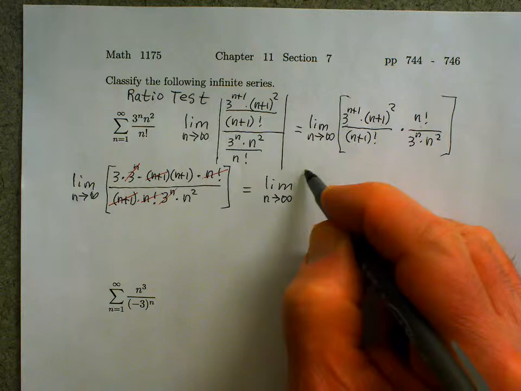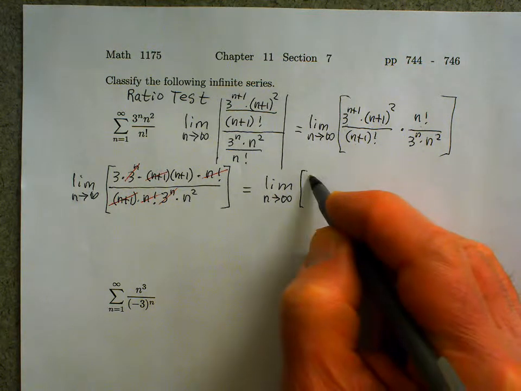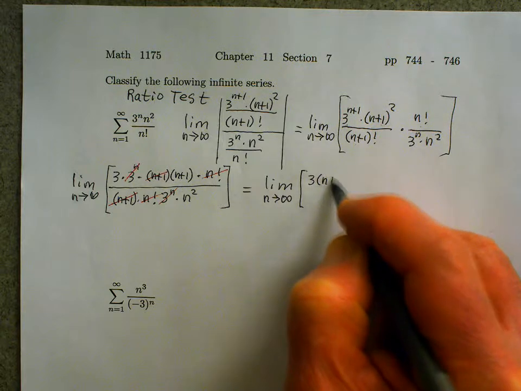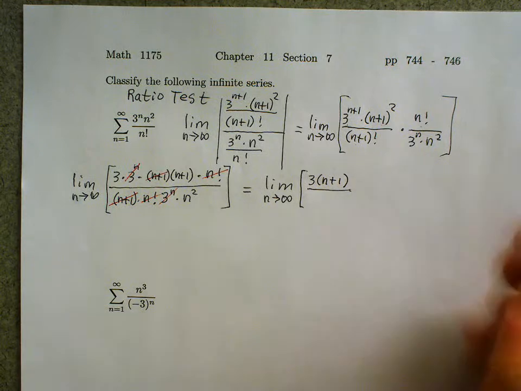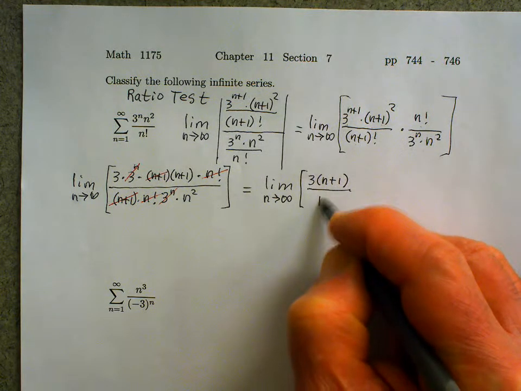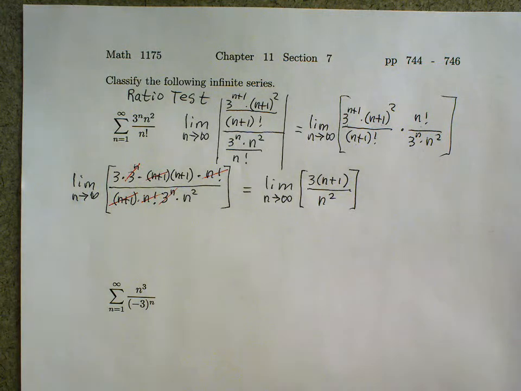So we'll write down what we have left. In the numerator, we have 3 times n plus 1, and in the denominator, we have n to the second. And that's all.